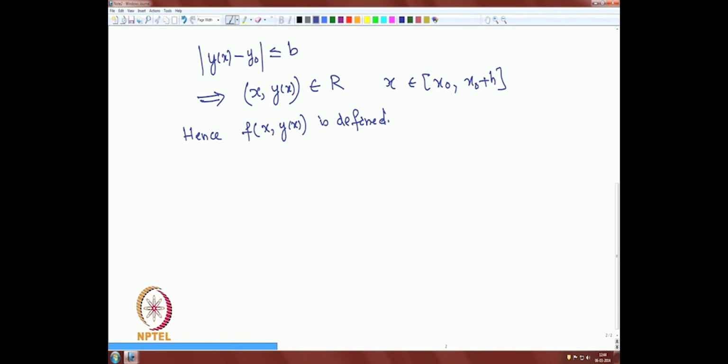y(x) is the approximate solution we constructed, and f(x, y(x)) is defined for all x in the interval [x0, x0 + h].